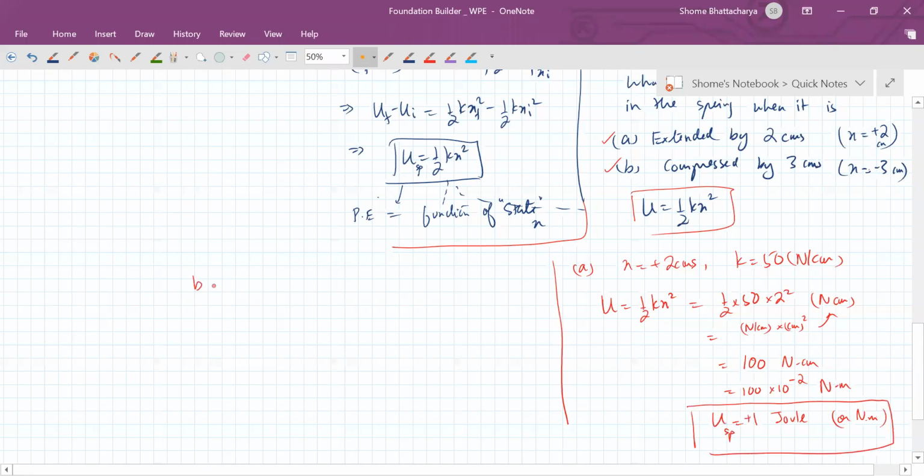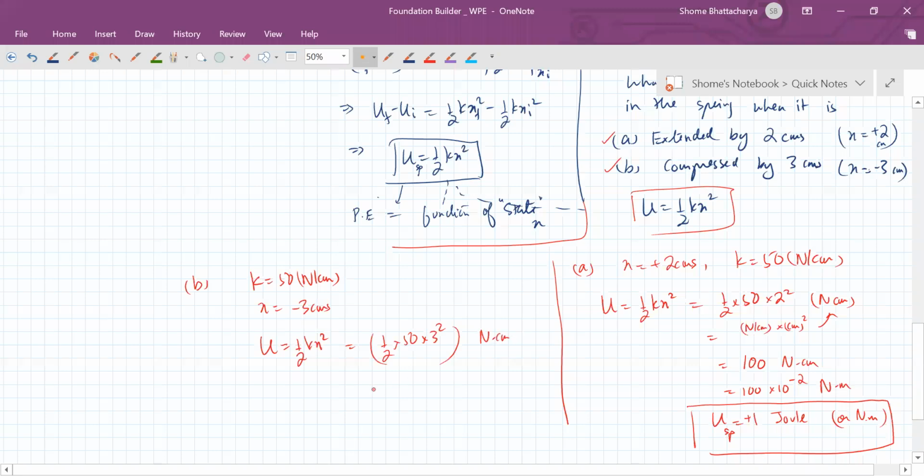Then similarly in part B, we write the spring constant once again as 50 newtons per centimeter. And this time it's compressed, so we'll write x as minus 3 centimeters, but that sign doesn't matter because potential energy is given by half kx square. So this time it is half into 50 into 3 square, again in Newton centimeters.